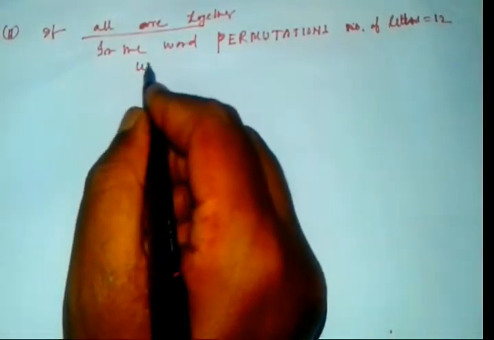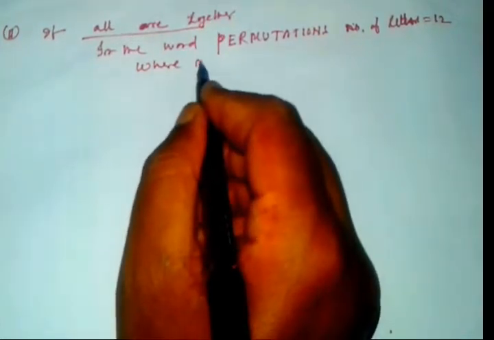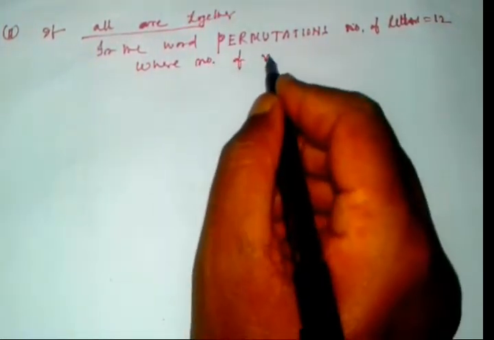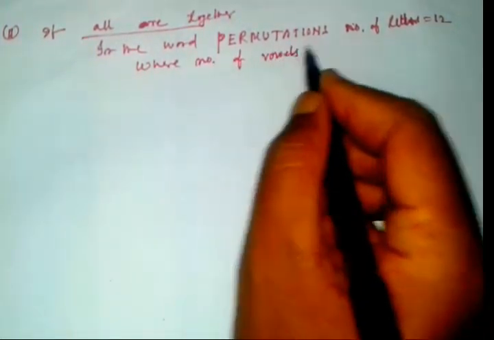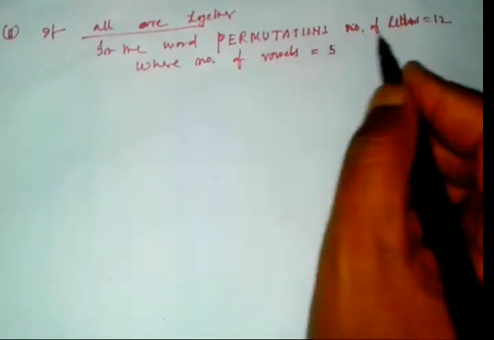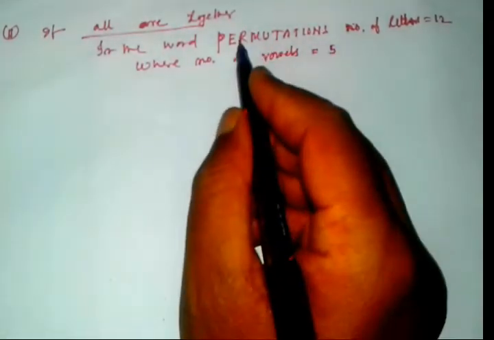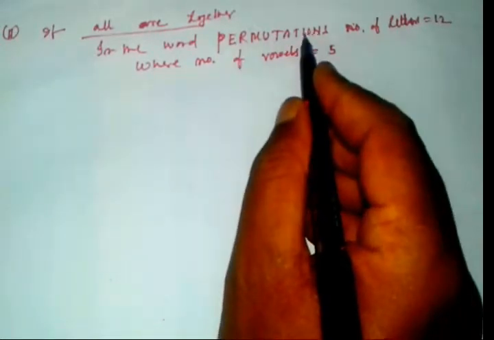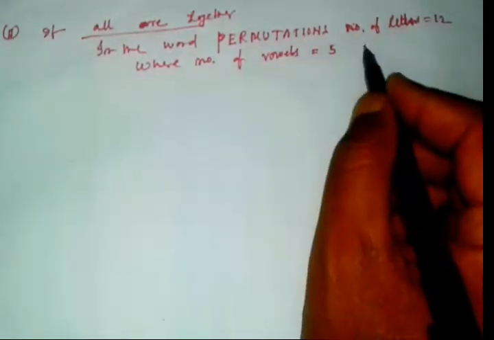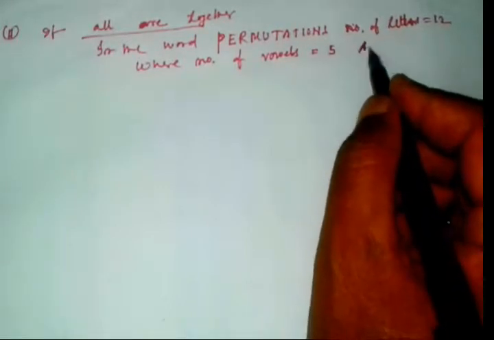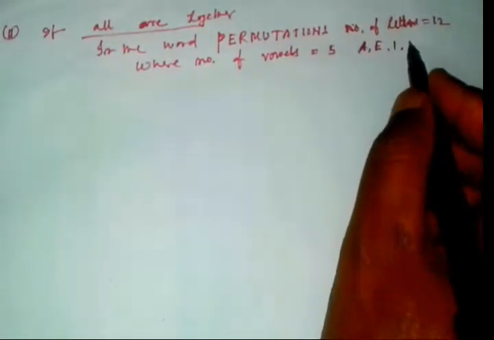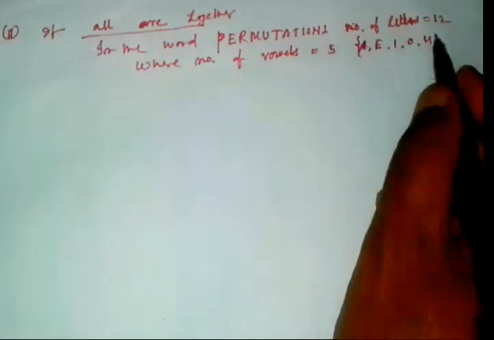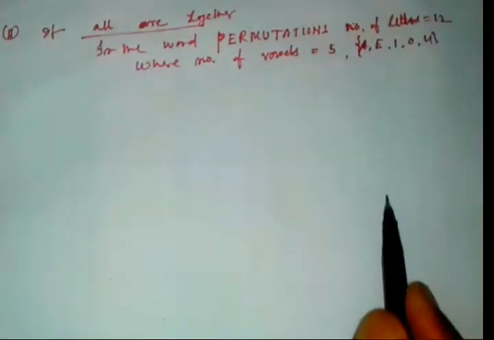Where the number of vowels is 5: A, E, I, O, U. These are the vowels.